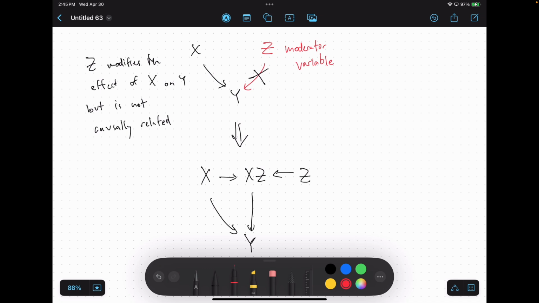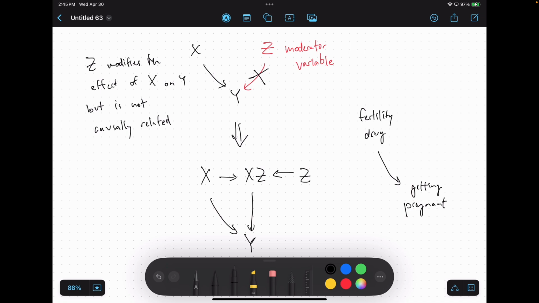Here's another one that I'll give you guys. This example really cemented what a moderator variable is for me personally. So the idea is you have a fertility drug, and the fertility drug has a direct causal effect on someone's ability to get pregnant.